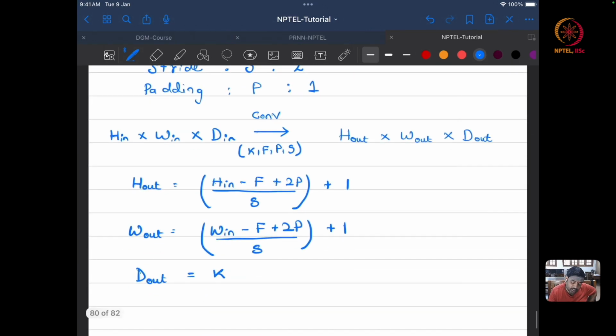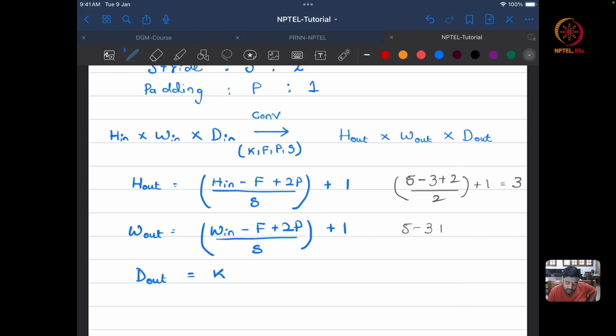Now let's put in these values and see whether there is a match. In our case, H in is 5, minus the spatial extent 3, plus 2, divided by 2, plus 1. This is 3. Similarly, W out is 5 minus 3 plus 2, divided by 2, plus 1, which is 3. And this is 2.